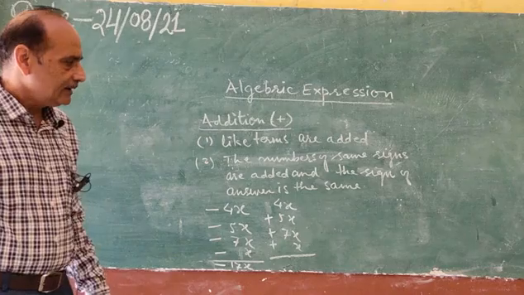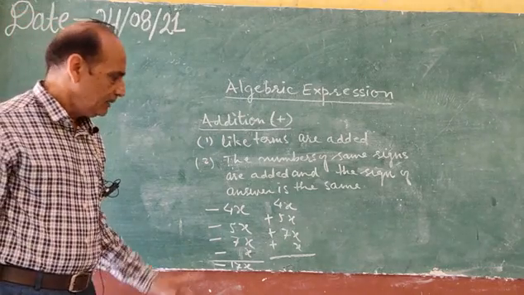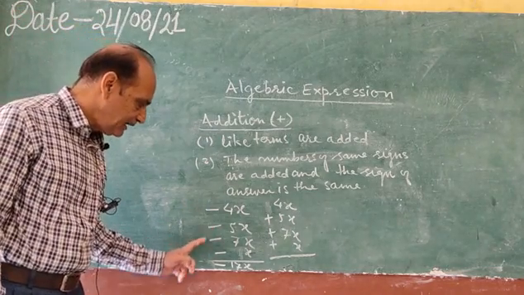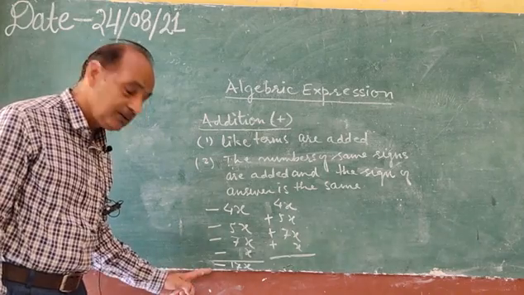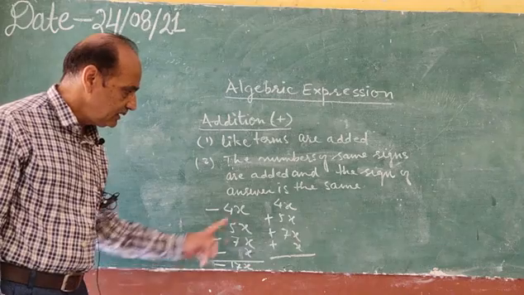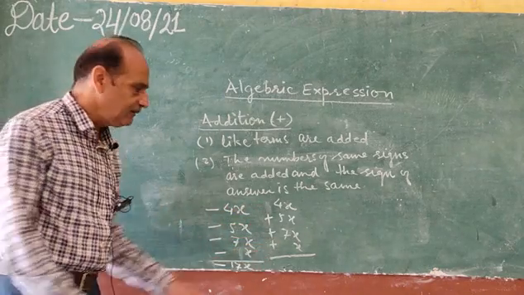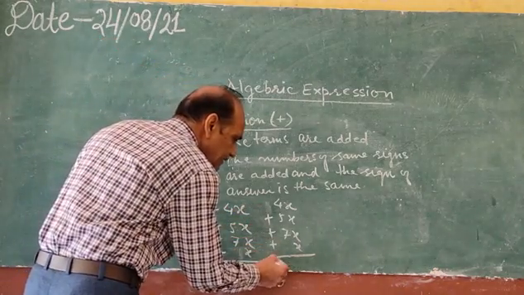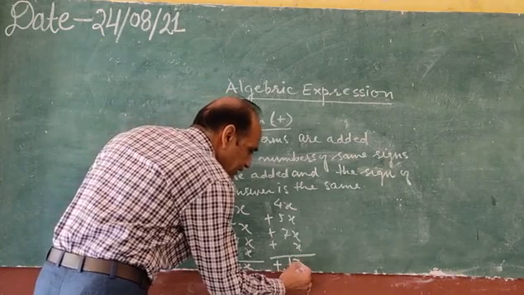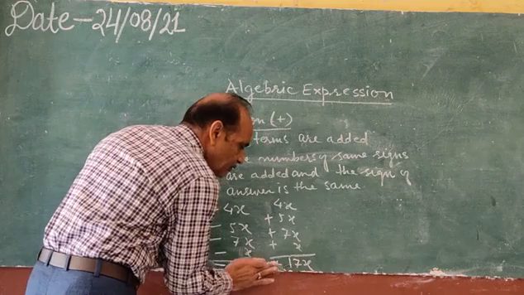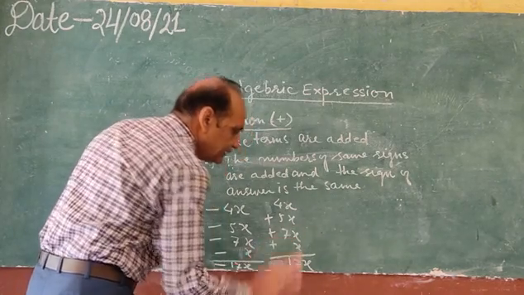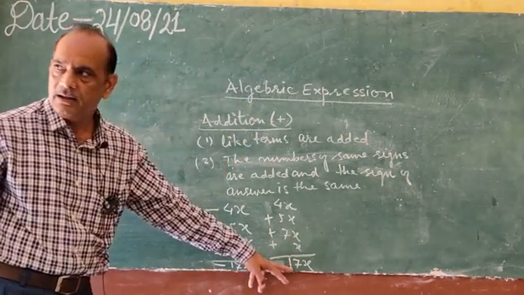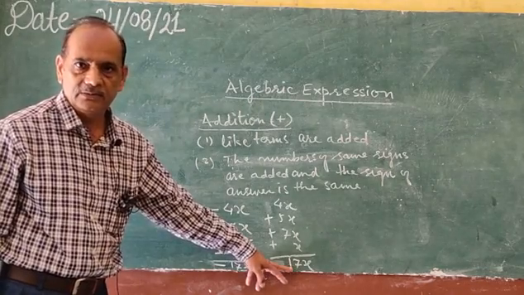Okay? Sometimes it is in division also, but in addition minus minus minus becomes minus. Same sign will be used. Plus plus plus, same sign will be used. Here is a plus 17x. If you are not putting here the sign of plus, then it will be taken as plus 17x also.